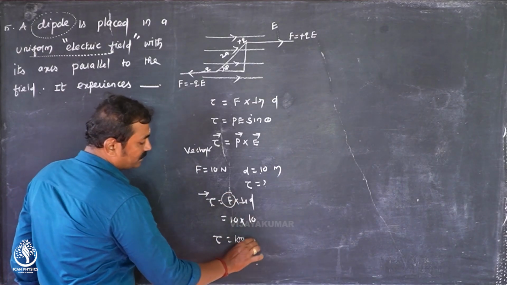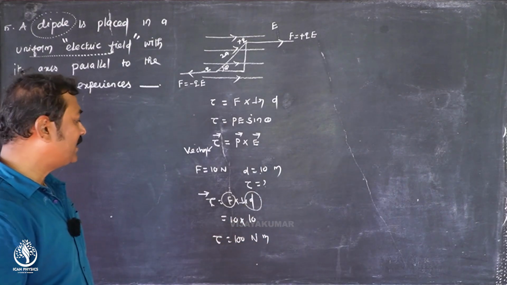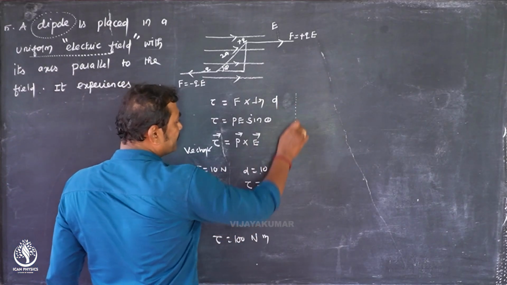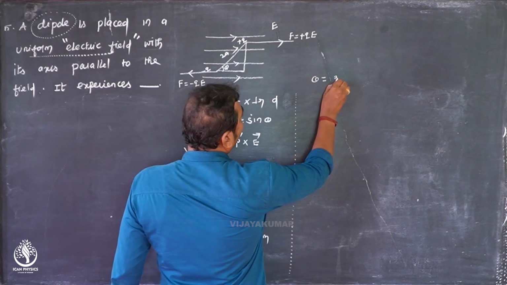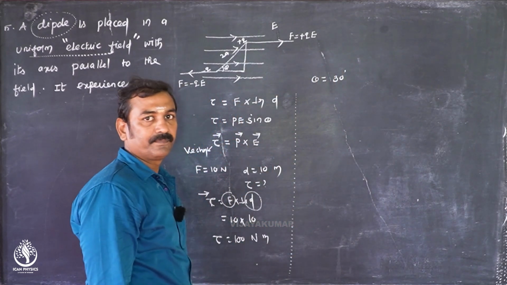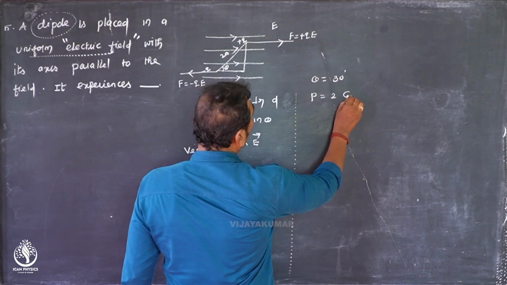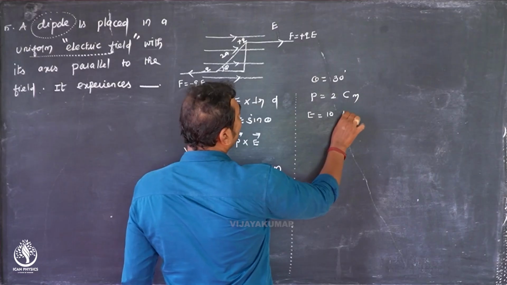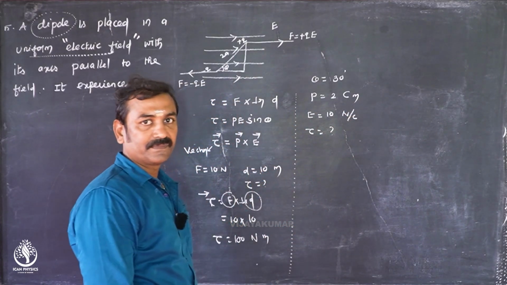The unit of force is Newton and the unit of distance is meter, so Newton meter is the unit of torque. The second one: the dipole makes an angle of 30 degrees and its dipole moment is 2 coulomb meter. It is in an electric field of 10 Newton per coulomb. Then what is the torque?